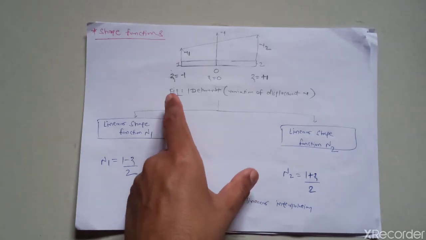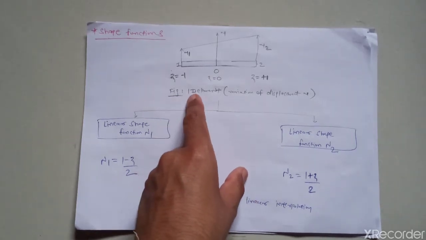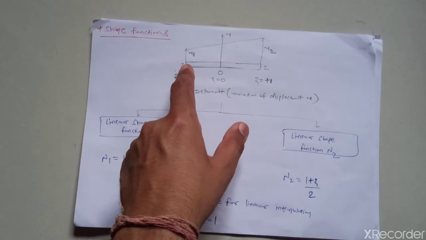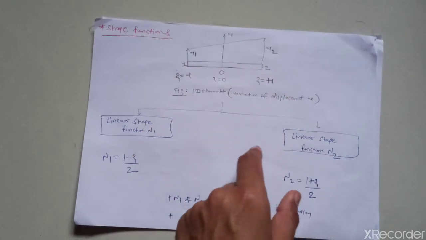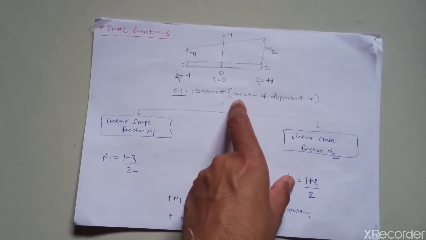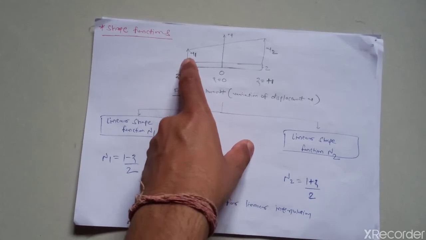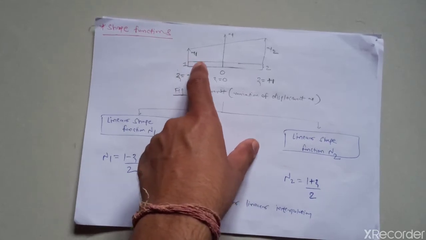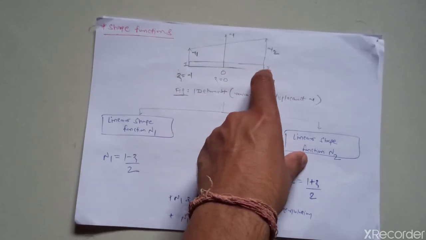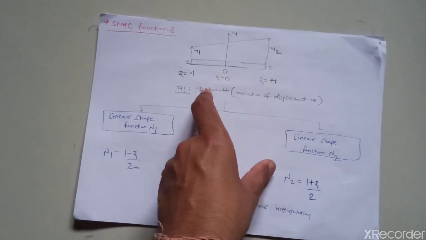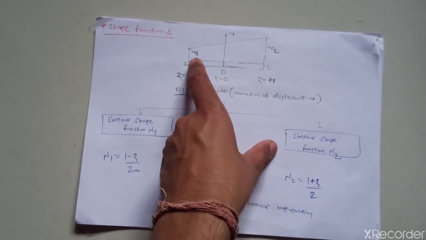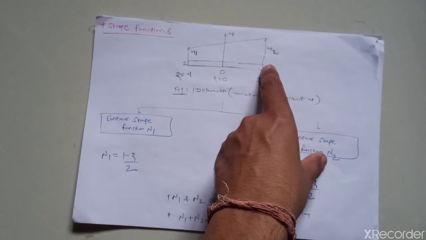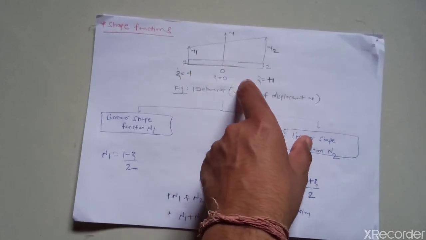Now consider figure 1 of a one dimensional element having two nodes, node 1 and node 2. We represent the displacement at node 1 by u1 and at node 2 the displacement is u2. Here displacement u1 and u2 are not equal, meaning it is not linear.